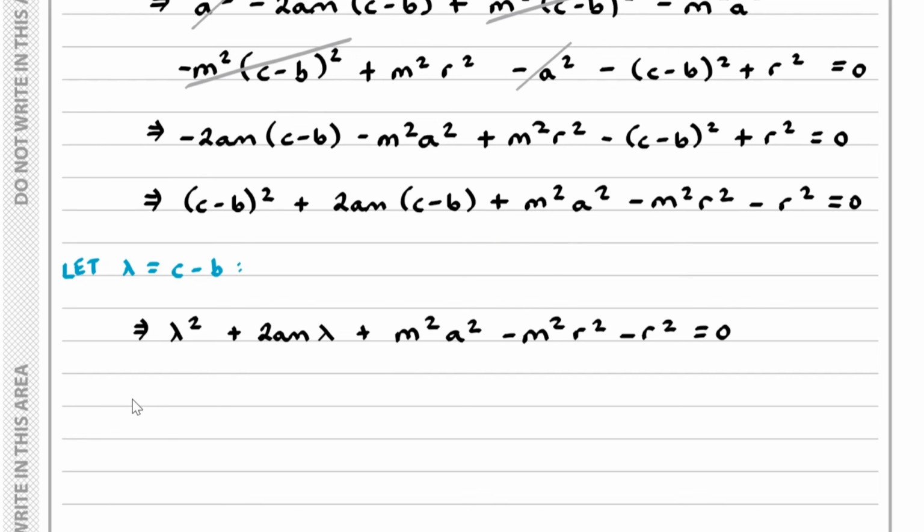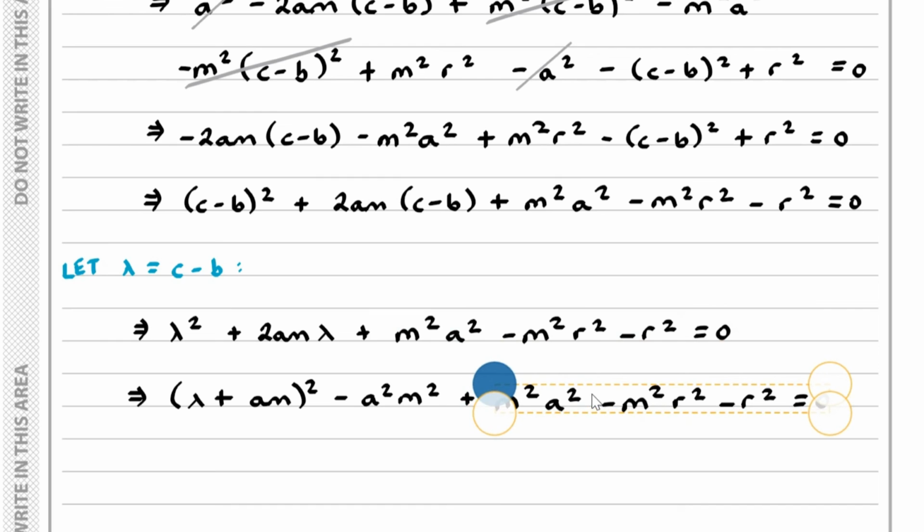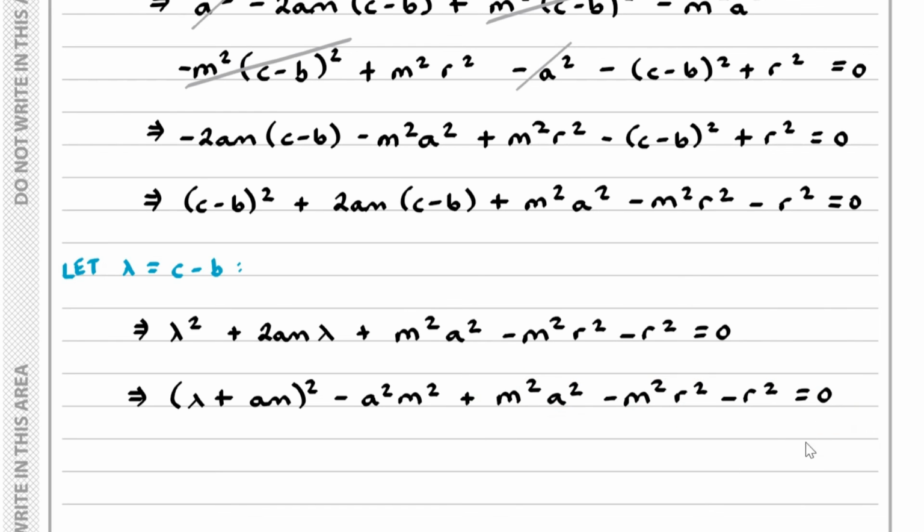So we've got (lambda plus am) all squared minus a squared m squared, and then we add on the rest of this and it's all equal to 0.